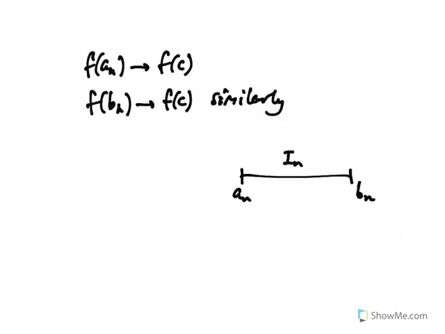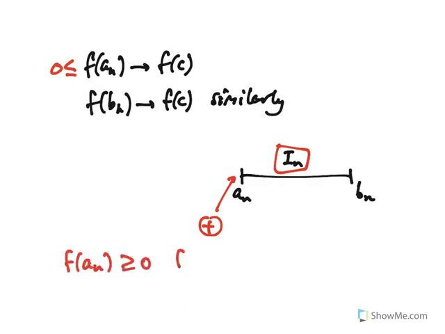So coming back to here, that tells you that the function always must have a positive value at this endpoint for every stage, for every n. In other words, f of An is always greater than or equal to 0 for all n. But then you can take limits on both sides.